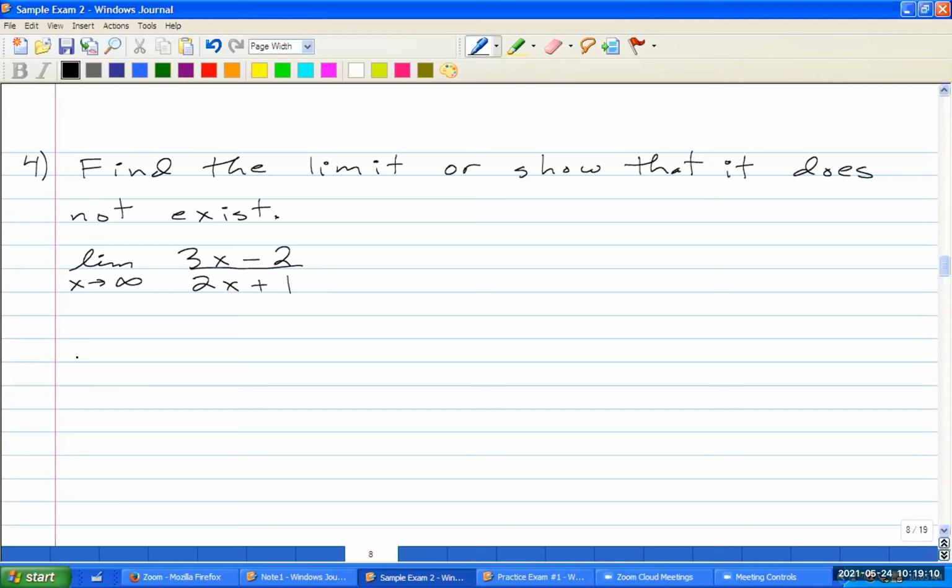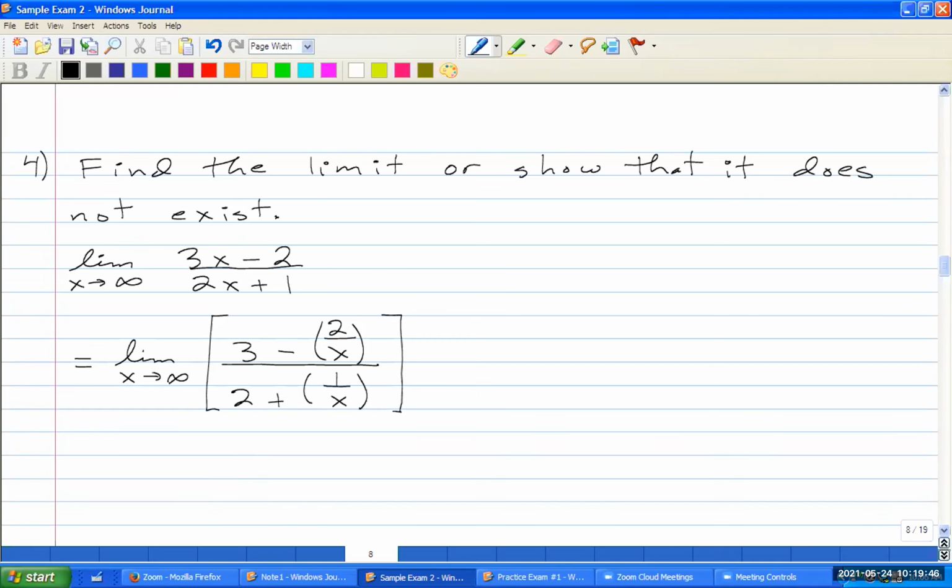This is the same as the limit as x approaches infinity of 3 minus 2 over x divided by 2 plus 1 over x. Just dividing every term in the numerator and denominator by x.